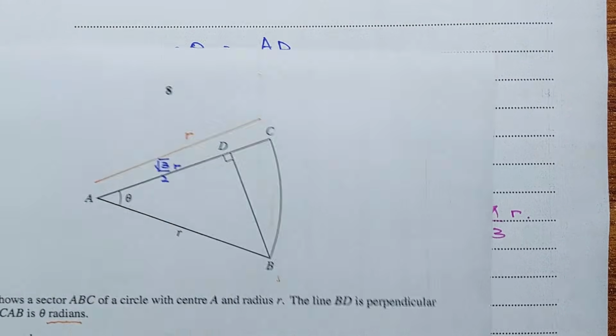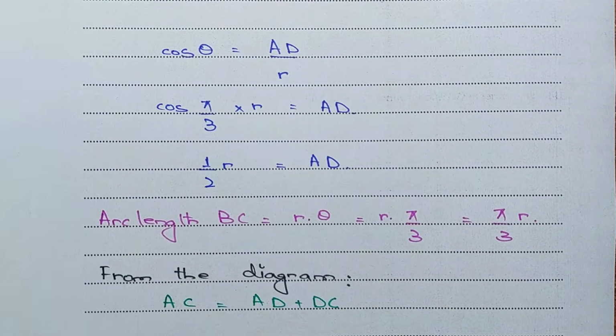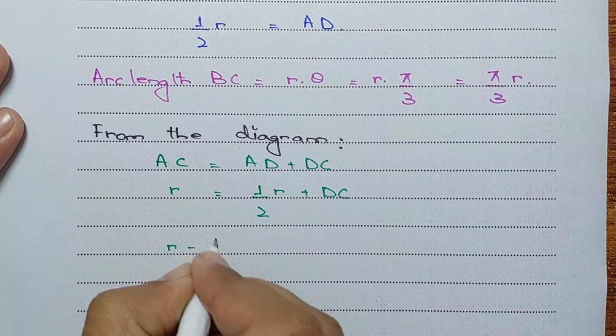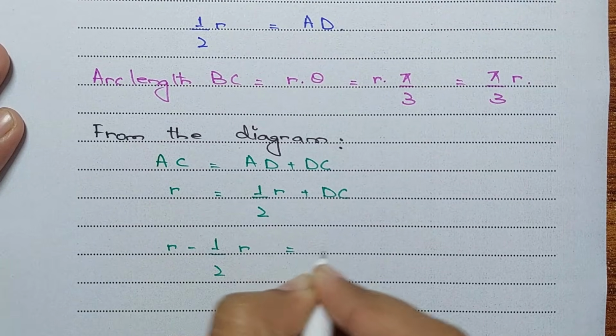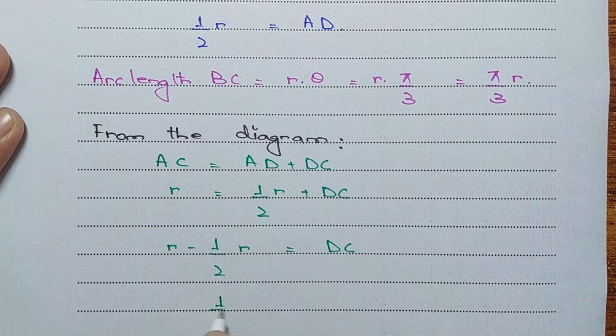Let me show you. A to C is the sum of AD and DC. We have AC is R, AD we have done is half R, plus DC. So R minus half R is your DC. So 2 minus 1 is 1 by 2. 1 by 2 R is your DC.